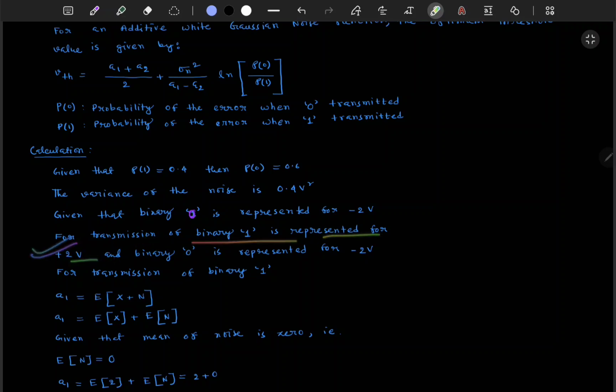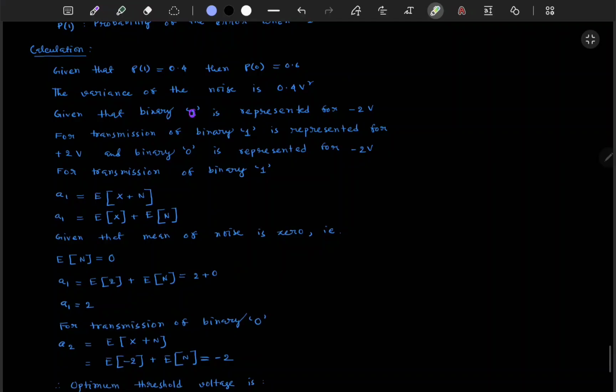Okay, no need to mix up. Minus 2 we are representing as 0, binary 1 is related to plus 2, and 0 is related to minus 2 volt.